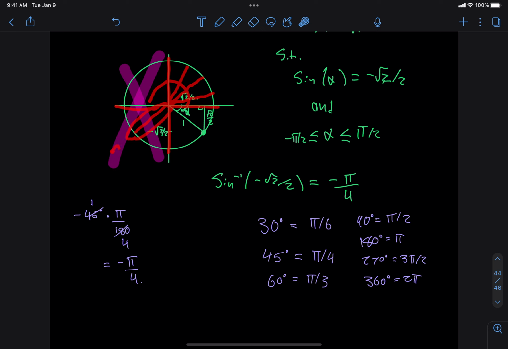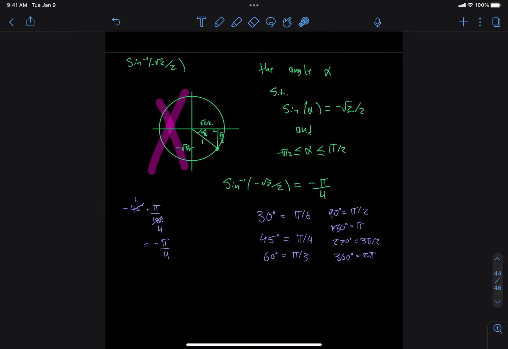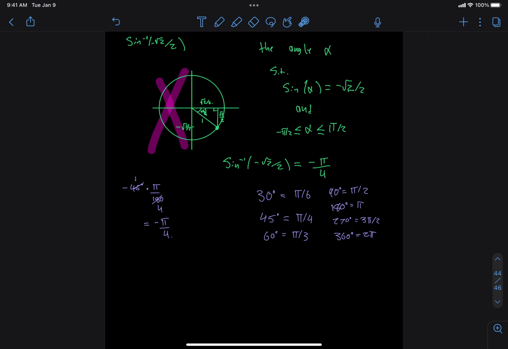So this would be 5 pi over 4, because I just take 4 pi over 4 and add pi over 4 to it. Does that make sense? It takes some time to get used to visualizing things in terms of radians, okay? Any other questions on this?